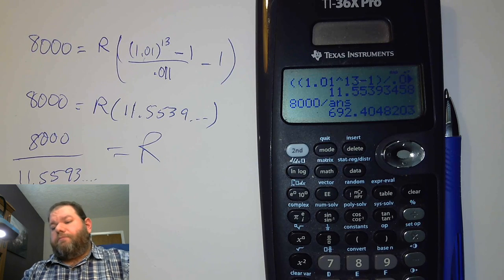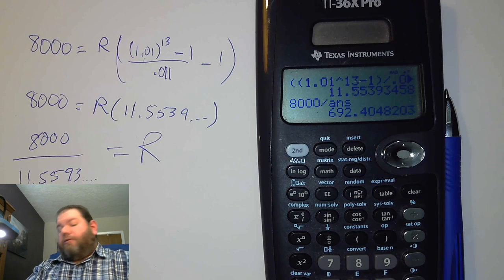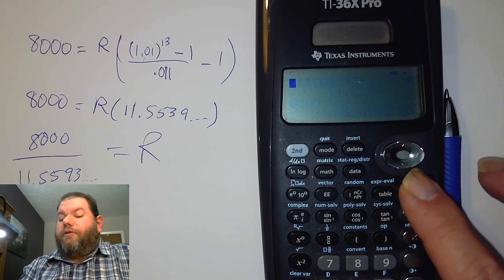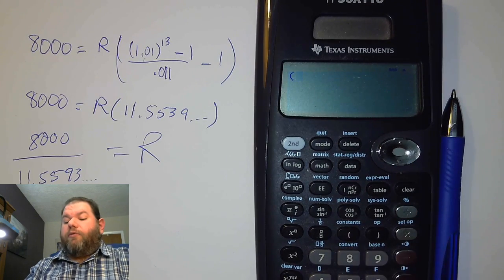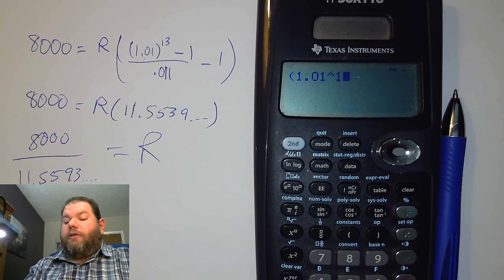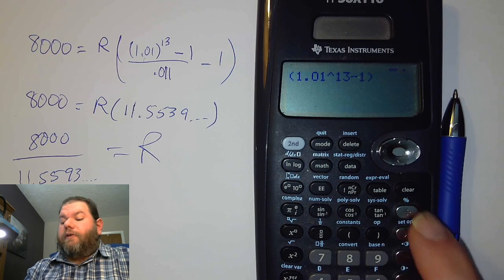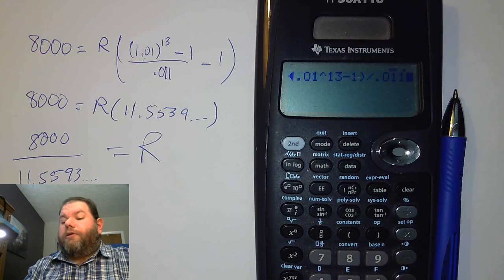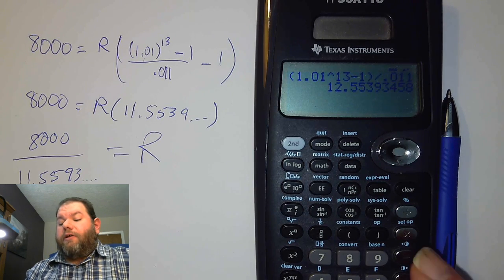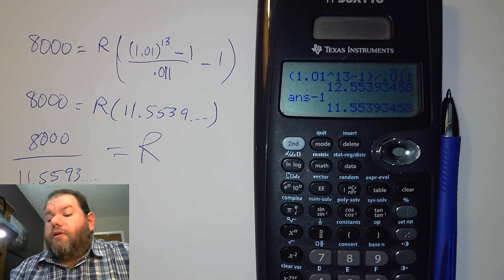So, honestly, I probably didn't need a double parentheses there, because what we could do instead is 1.01 to the 13th. Subtract the 1, close the parentheses, and divide by 0.011. Now, if we didn't use the double parentheses, we could just press equal there and then subtract 1 from that. Okay.